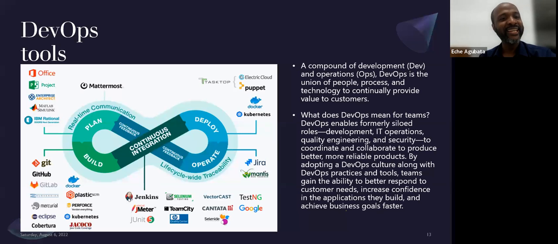For building, a lot of us, especially developers, would have heard of GitHub, which is where developers store their code. Of course, some of us have heard of Perforce or Eclipse, GitLab. There are lots of tools out there.